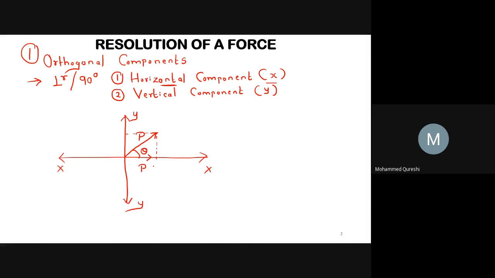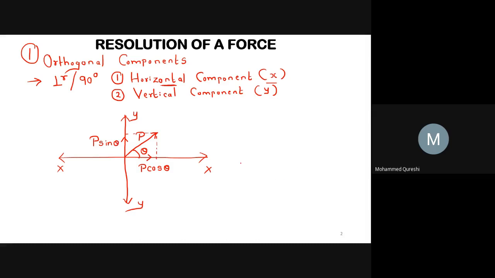Whenever we are considering the horizontal component, use cos, and the angle is theta, so it is P cos theta, and for the vertical component we have P sine theta. By this you can split the given force into two components, horizontal as well as vertical.